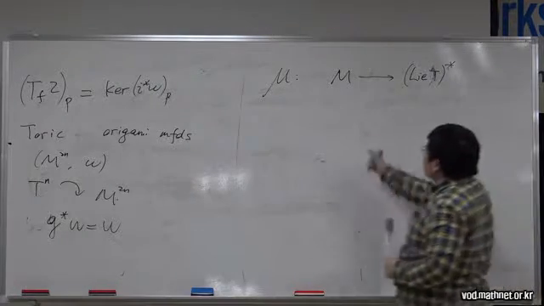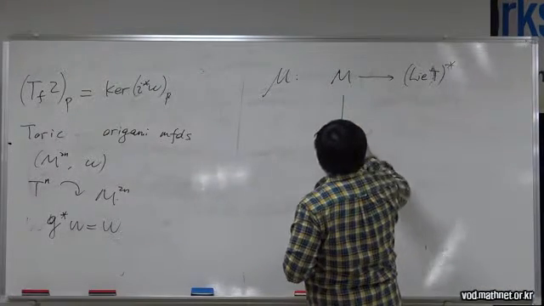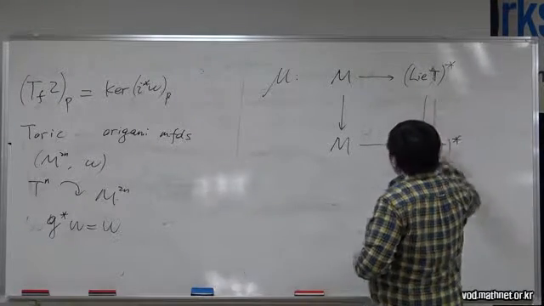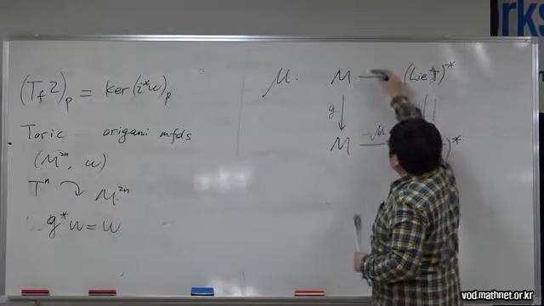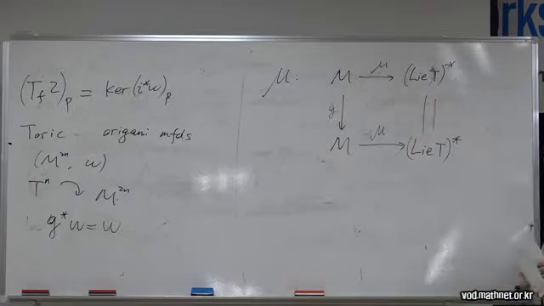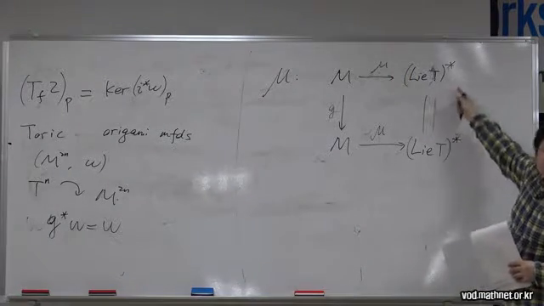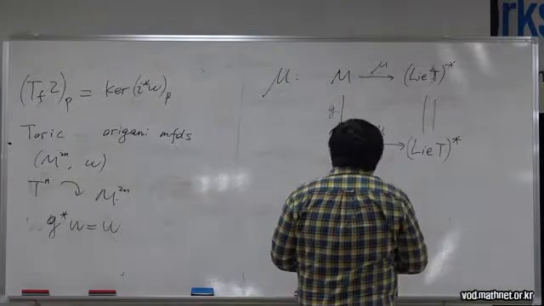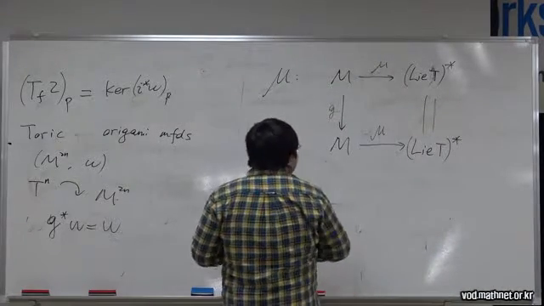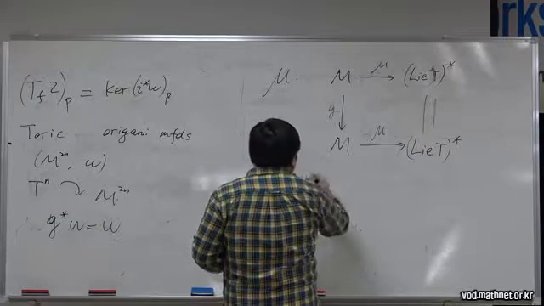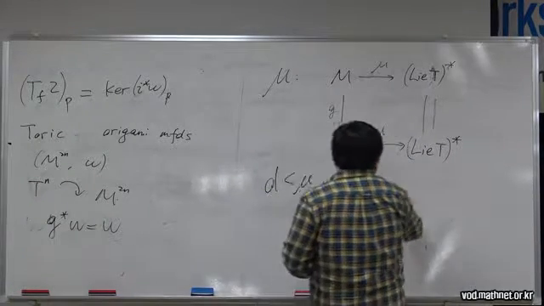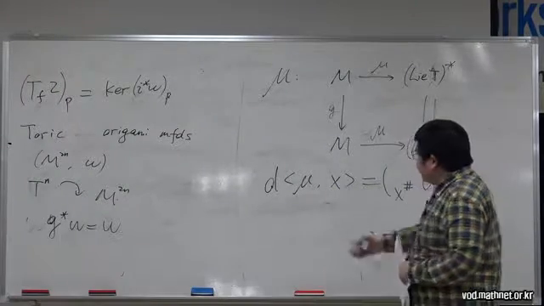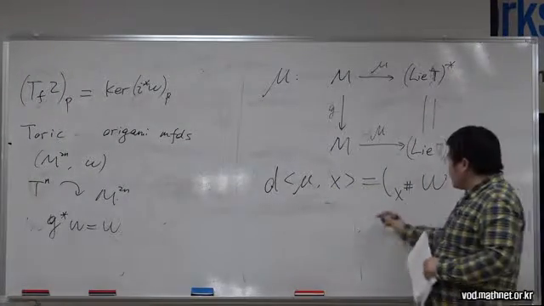Momentum map means this map is equivariant, but because this is abelian, the action is trivial. Moreover, we require that it have this equation for any element.